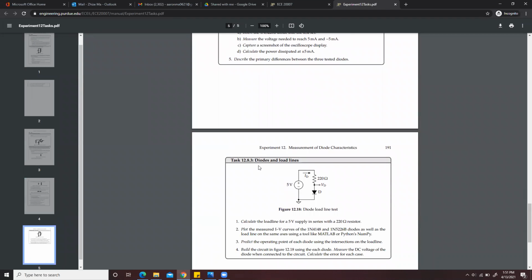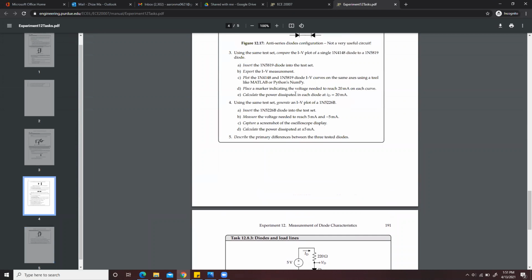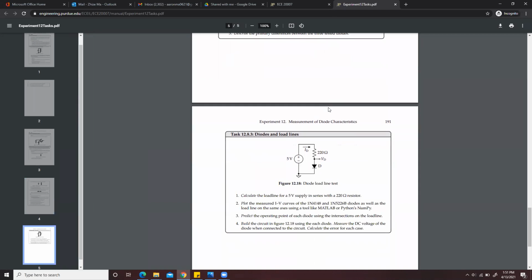Then the last task is task 3. This one is simple, as long as you finish task 2. One thing to remember is that in this task you need to plot the IV curve for 1N4148 and 1N5226B.